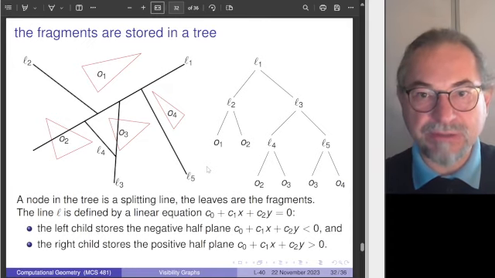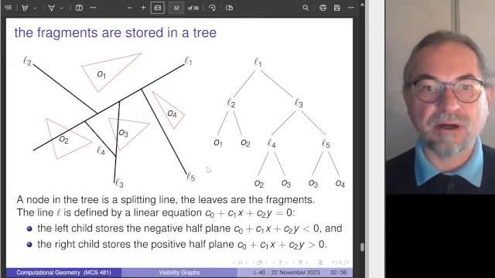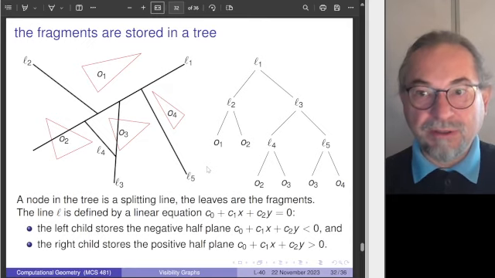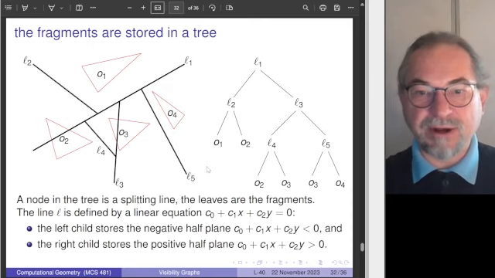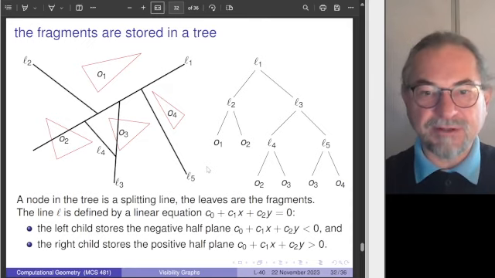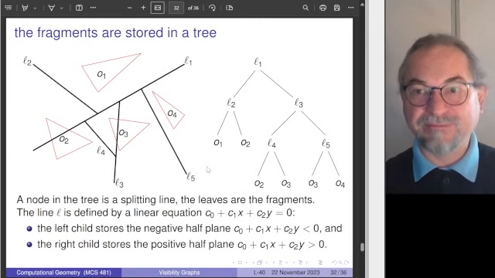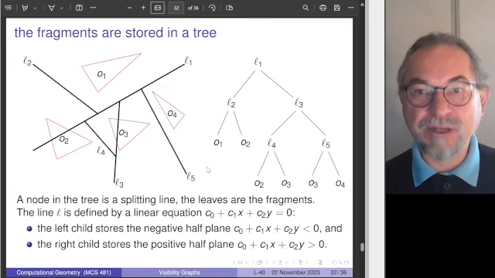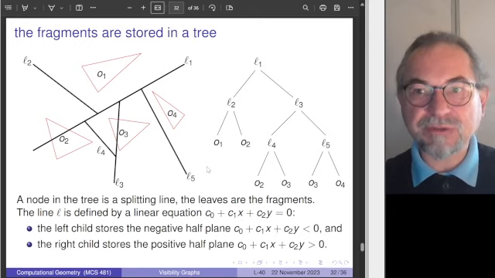We have the lines at the nodes of the tree that were used to split the objects, which led to fragmentation. First, there's the convention of right and left, whether we can see it or not. So again, visibility played an important role here. We studied the problem only in the plane, but it has a nice extension in space.